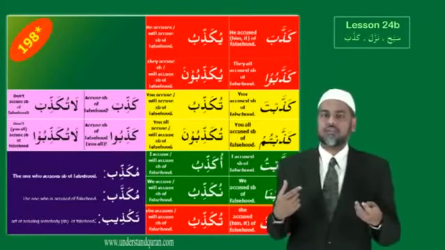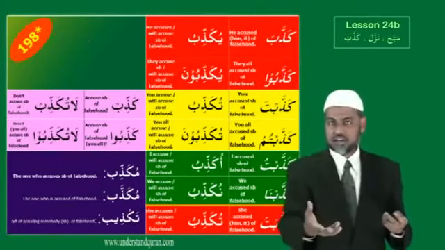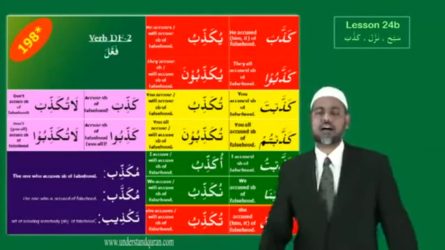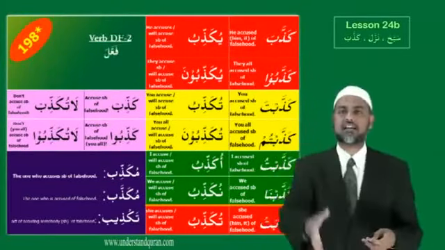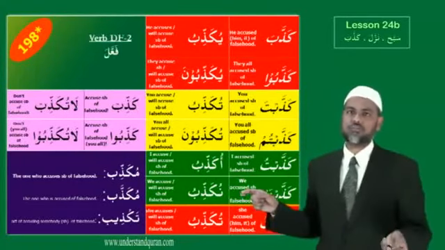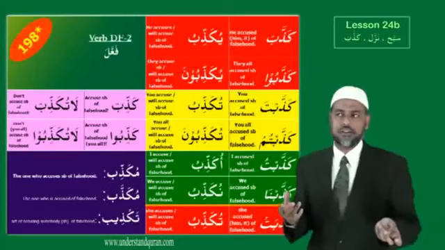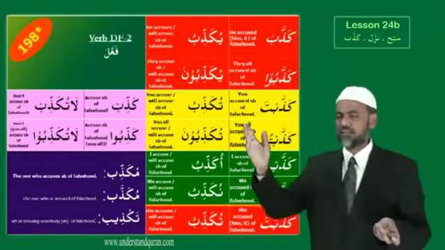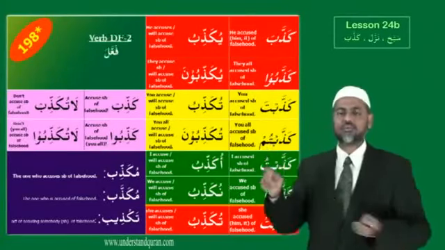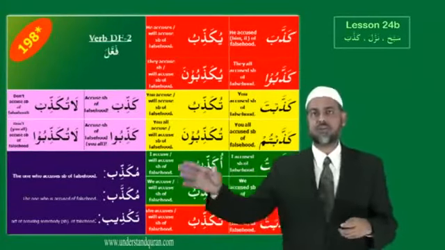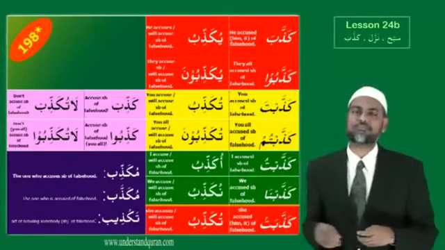But if you tell me that you are an accountant, and if truly you are, and I say no, I don't accept you as an accountant, so I am doing takdhib, I kadhaba you. Kadhaba means to accuse someone of falsehood. So the kuffar used to say to Prophet Muhammad, peace be upon him, Muhammad, you are not a messenger, we don't accept you. That is takdhib. To deny, to accuse him of falsehood, that is kadhaba.